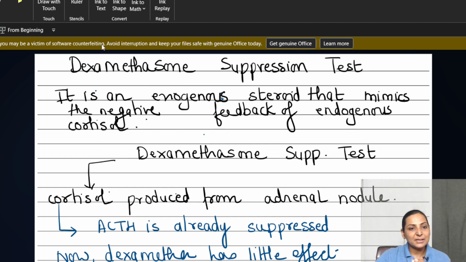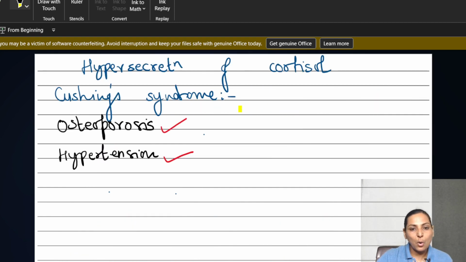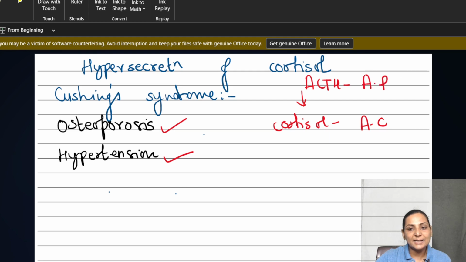So what is dexamethasone? It is an exogenous steroid that mimics the negative feedback of endogenous cortisol. If you remember your cortisol, how is the feedback? This is the cortisol coming from the adrenal cortex, by stimulation of ACTH, which is coming from the anterior pituitary, and ACTH is under the control of CRH, corticotropin releasing hormone, coming from the hypothalamus, and the regulation is by negative feedback mechanism.